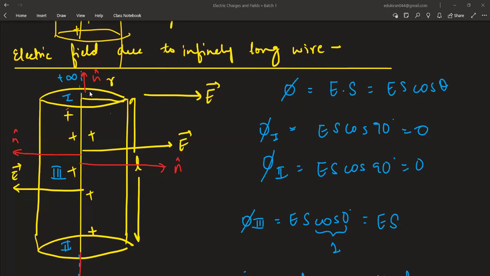देखो यहाँ पर ये है, this is the disk. Here you agree that they both are making an angle of 90 degree. अब ये बताओ मरियम, यहाँ पर ये n cap जो है वो इलेक्ट्रिक फील्ड के साथ कितना एंगल बना रहा है? 180?